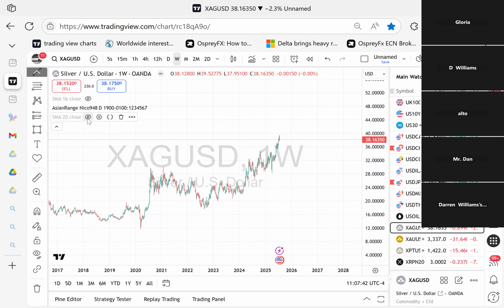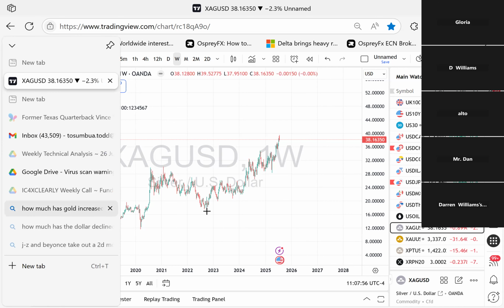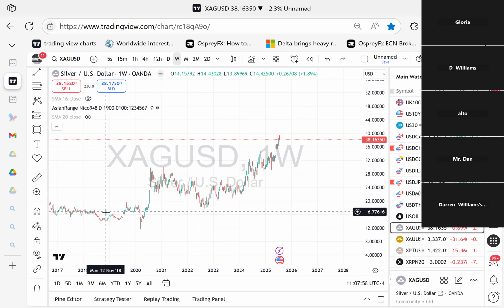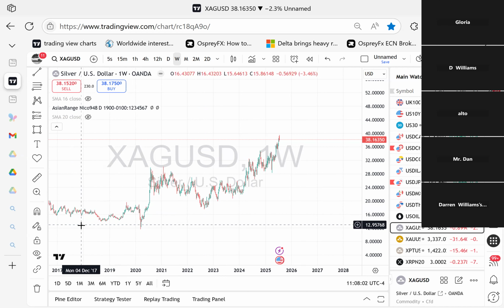Look at the overall picture of what's going on. Look for the overall structure. We are doing structure, yeah.